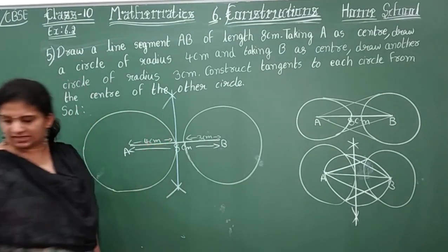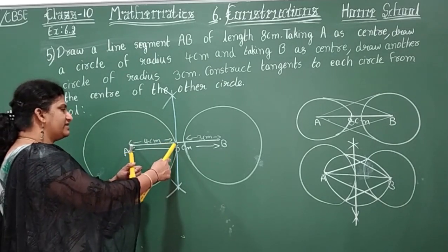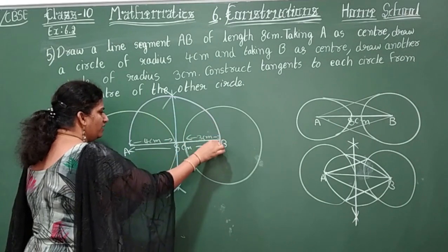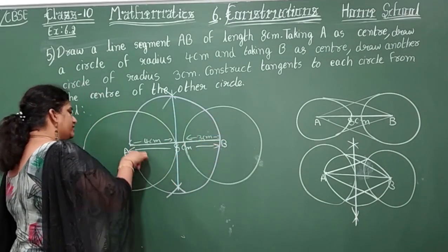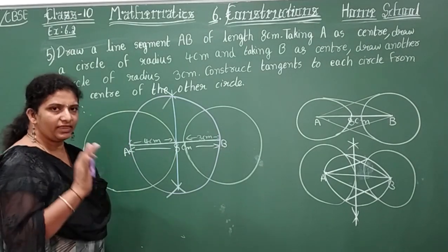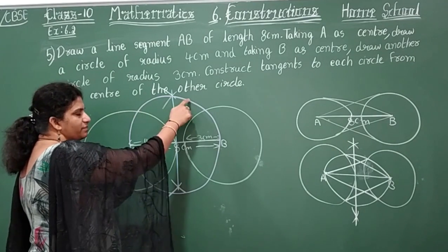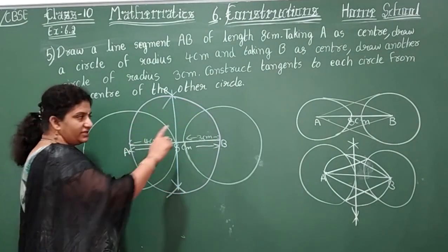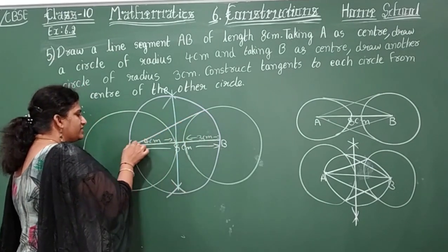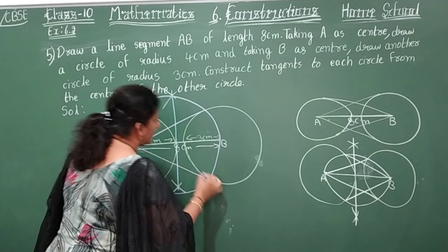With this as a center, look here children, measure and draw a circle. Can you see the colorful circle here? Now what is your problem? This circle, where this purple color is touching, from there to the other circle's center, join neatly with a scale.